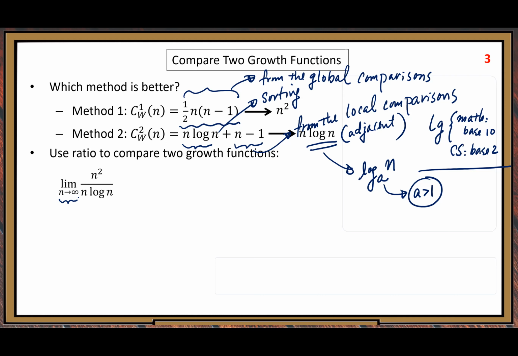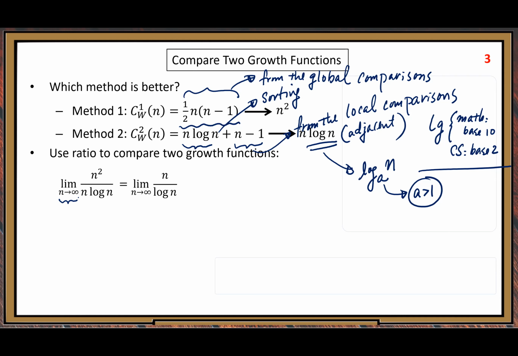So we take this ratio, then find the limit. Let's do the simplification first. We cancel out the common factor n. After simplification, we get this limit: n over log n. Can you see this limit? What is this limit?